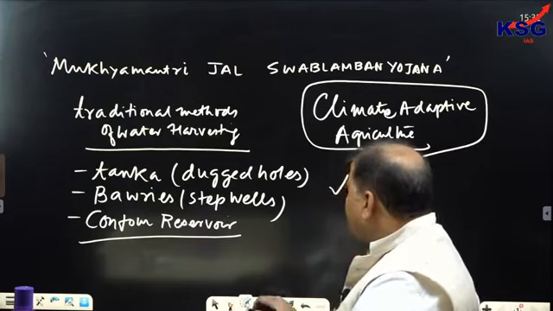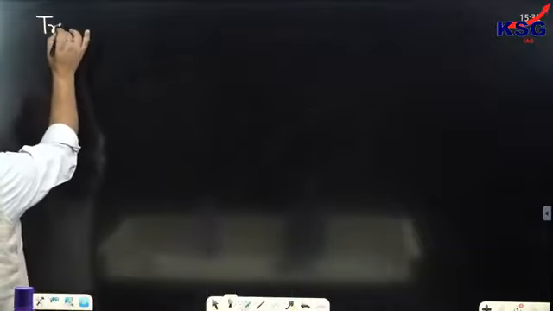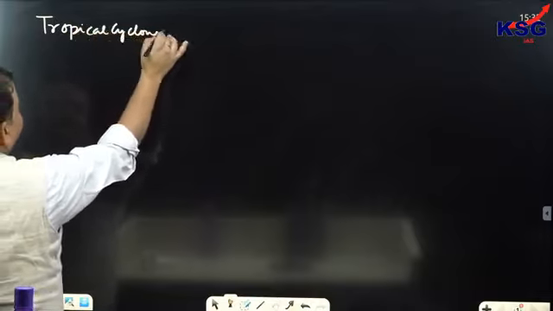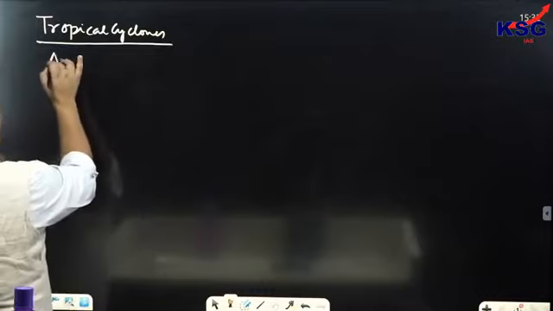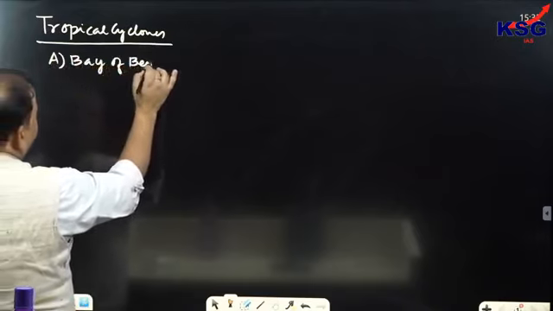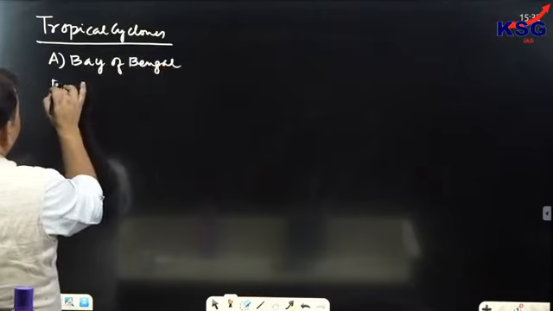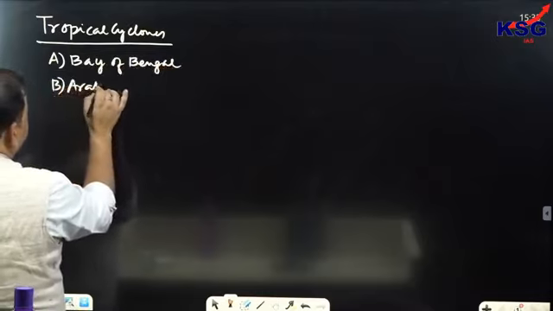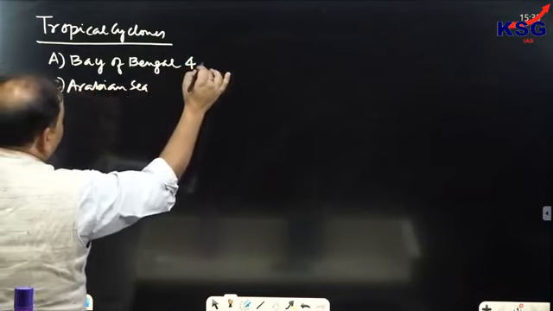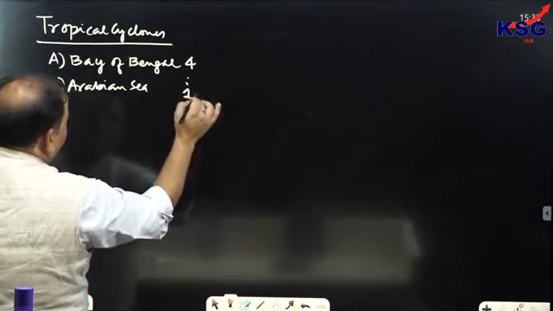See, when we talk about tropical cyclones, the tropical cyclones striking the Indian coast originate from two places. One is the Bay of Bengal and second is the Arabian Sea. And the frequency of Bay of Bengal cyclones is more when compared to the Arabian Sea.